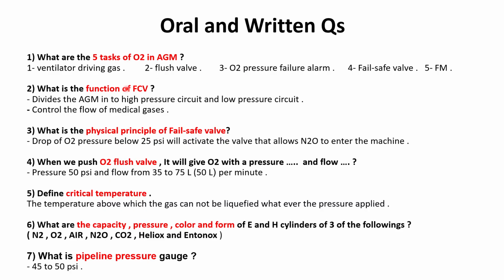What is the function of the fail-safe valve? It divides the anesthesia gas machine into a high pressure circuit and a low pressure circuit, and controls the flow of medical gases. What is the physical principle of the fail-safe valve?